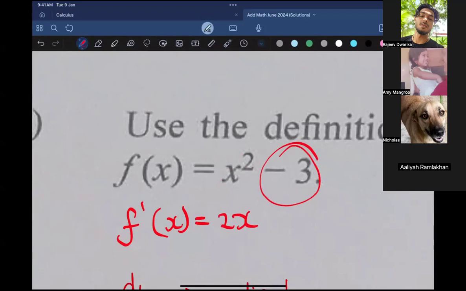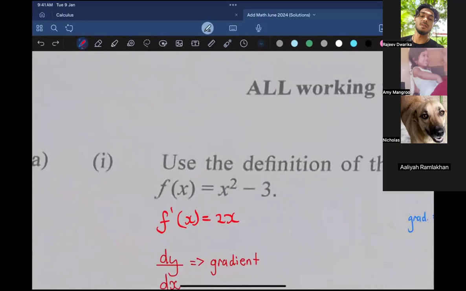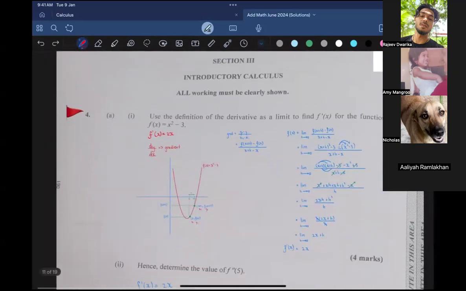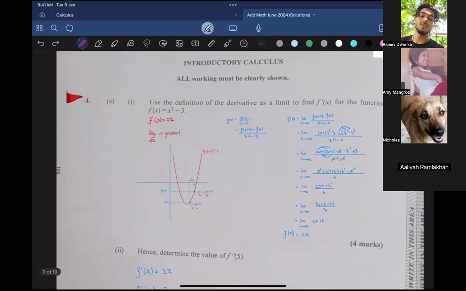So you see, same answer. What you just did was the intuitive approach to differentiation, the common sense approach, mathematical common sense.